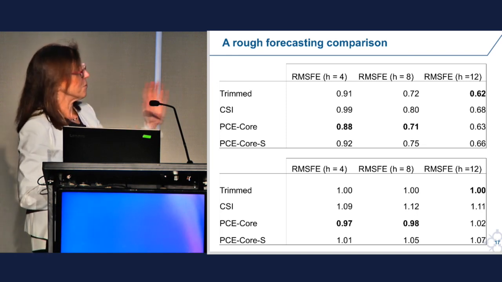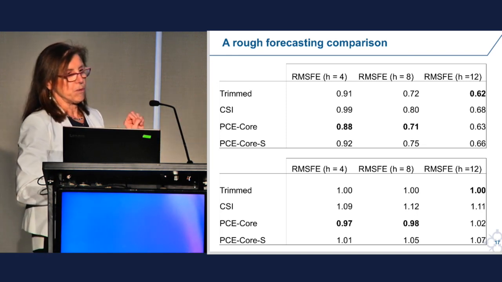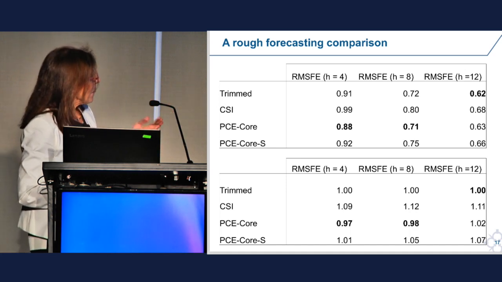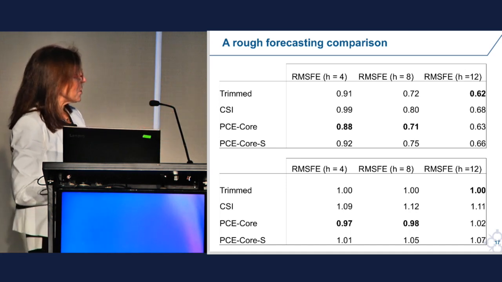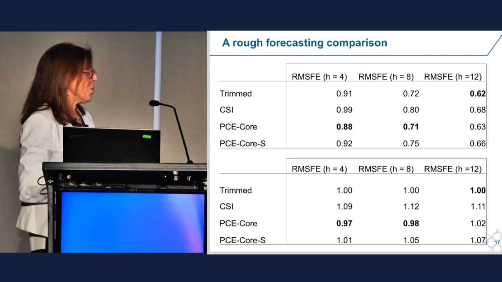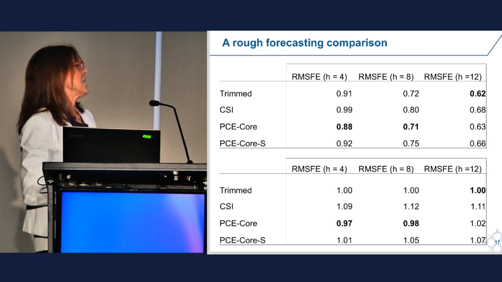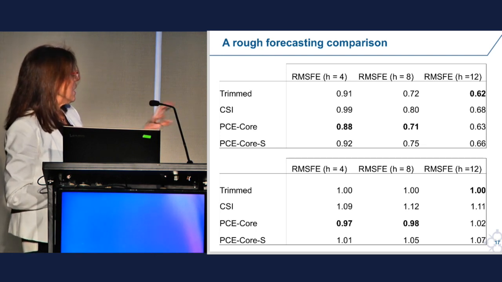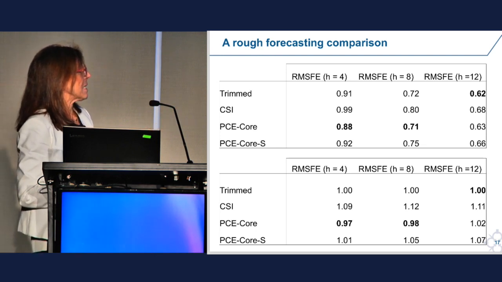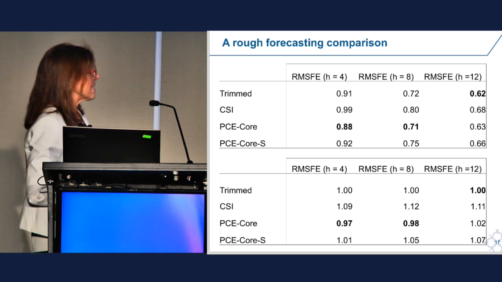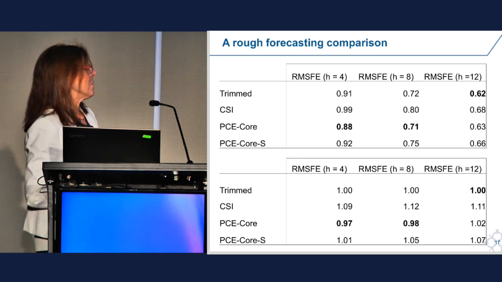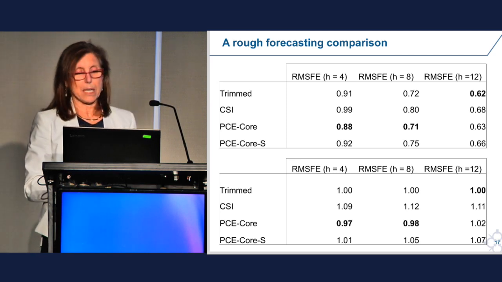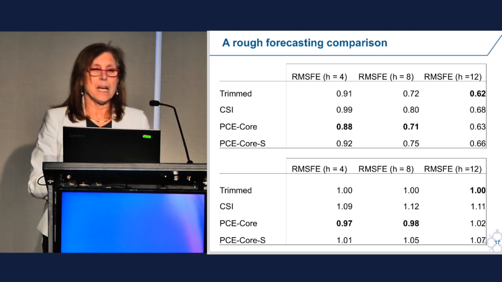Forecasting 4 quarters ahead means a year ahead, 2 years ahead, 3 years ahead. Instead, running this horse race with no particular carefulness in the exercises, a pure forecasting regression, the PCE core forecasts better. The CSI does not have better forecasting power than this other measure of PCE. So we shouldn't use it for forecasting.